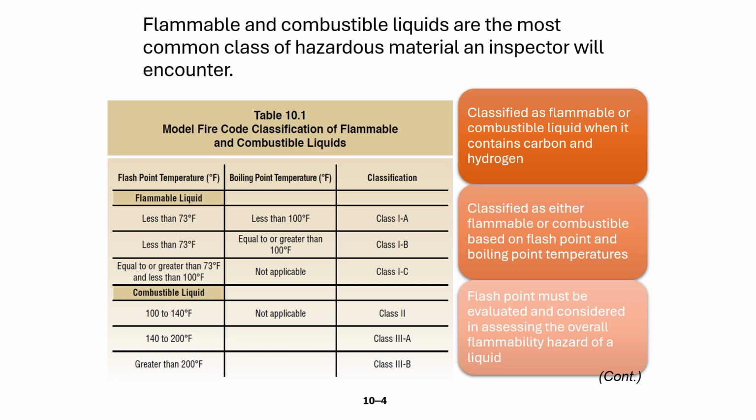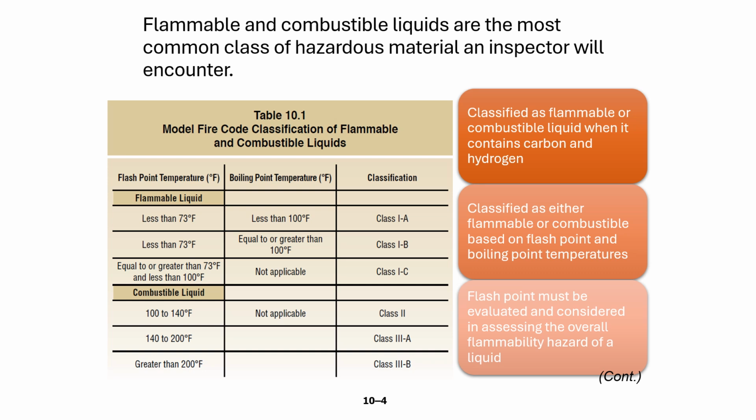So when we look at a class 1A liquid on this chart, we have to have a boiling point that's less than 100 degrees Fahrenheit, and for a flammable liquid, the flash point has to be less than 73 degrees Fahrenheit. When you look at class 1B, the flash points are evaluated the same way. It's the boiling point that really separates one classification from another.